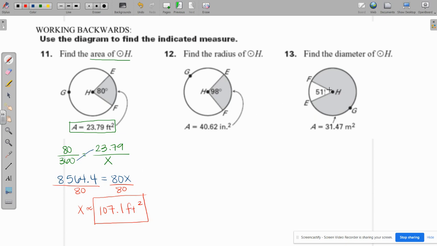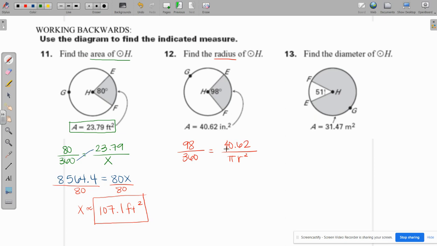You can use the same thing to find the radius or the diameter. For instance, if you're finding the radius, you would do the same setup. You start with this arc measure of 98 degrees over the 360, and the sector area is 40.62. But instead of putting x here to signify the area of the circle, if we're looking for the radius, I'm going to plug in pi r squared, because then the radius is part of the formula.